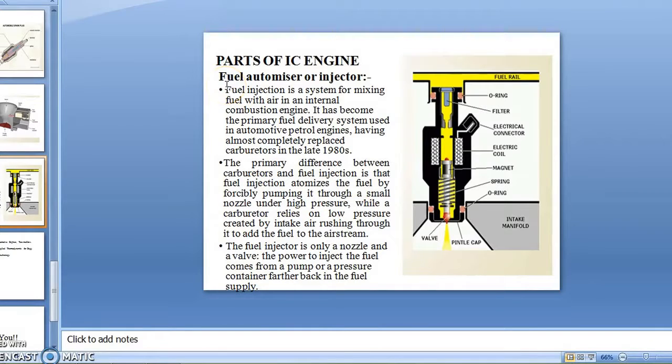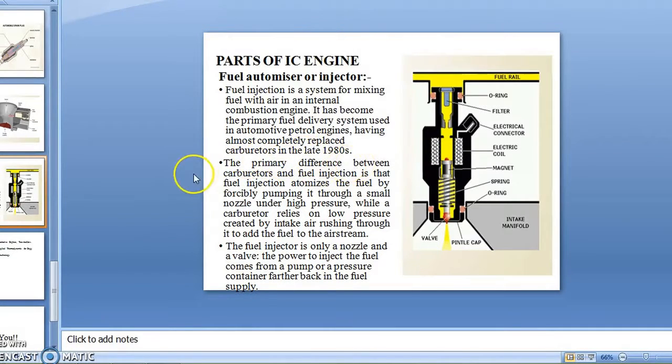Next part of the IC engine is fuel atomizer or injector. Fuel injection is a system for mixing fuel with air in an internal combustion engine. It has become the primary fuel delivery system used in automotive petrol engines, having almost completely replaced the carburetor in the late 1980s.